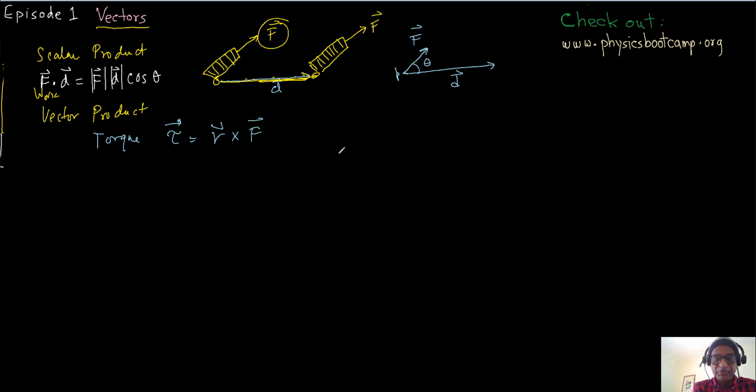Say you have some kind of bar, and the gravity acts over here. Let's call this force F, and let's say the pivot point is there. This is where the force is acting, and this is the pivot point.